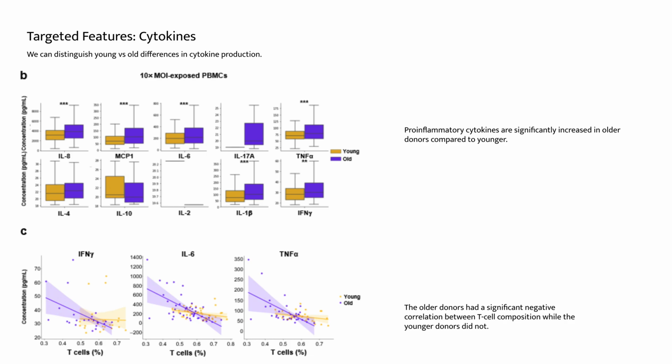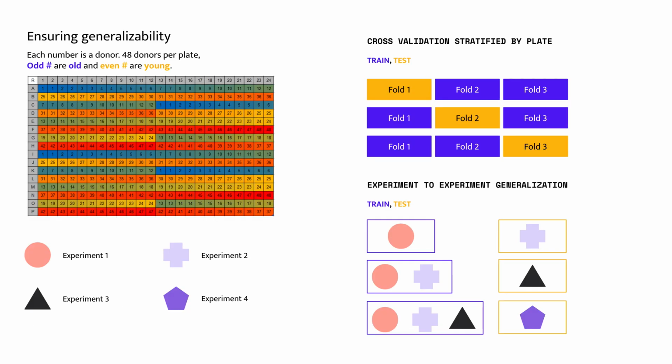The old donors also had significant correlations between the increase in inflammatory cytokine levels and the decrease in the percentage of T cells. The same correlation did not exist in the young donors.